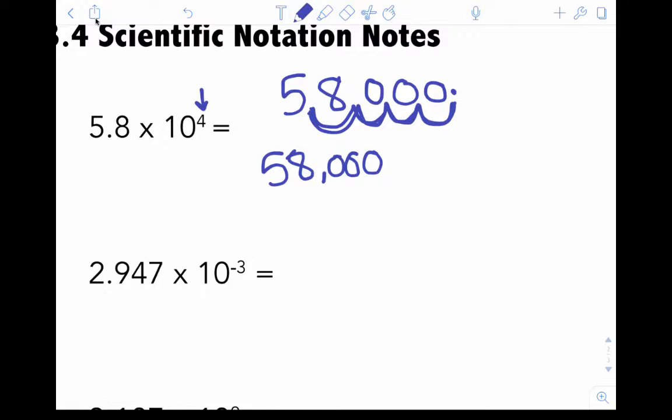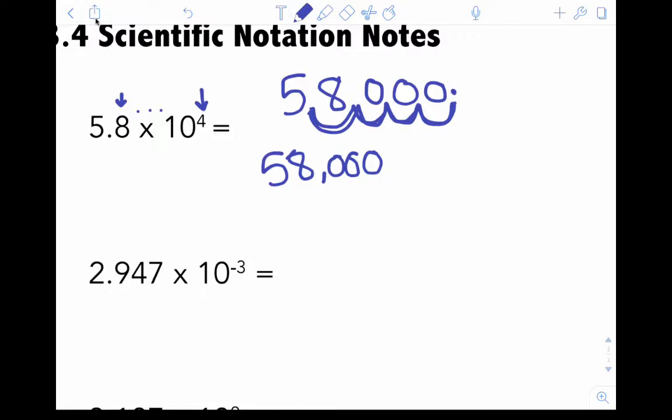Okay, so it's going to take up 3 spots to the right. So my first spot to the right of my decimal point is already taken by a number. So there's still 3 spots left after that 8 that need to be filled with zeros. So that's why there's 3 zeros.